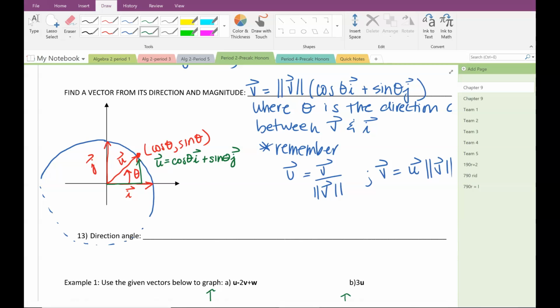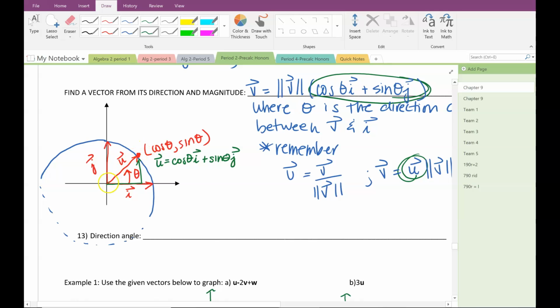So that's that green piece. That's the cosine of theta i direction plus sine of theta in the j direction. It's giving you your unit vector, which is this guy right there. Well, how do I know where vector v is? Then take the unit vector and multiply by the magnitude of v.